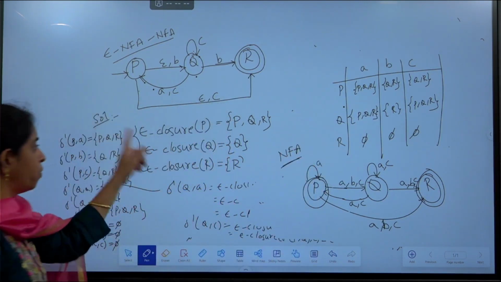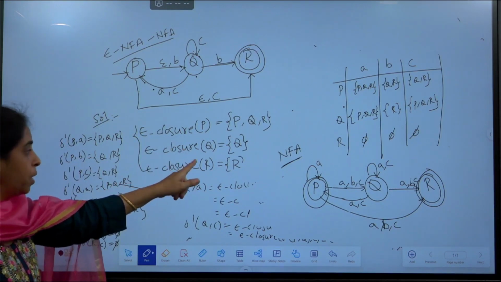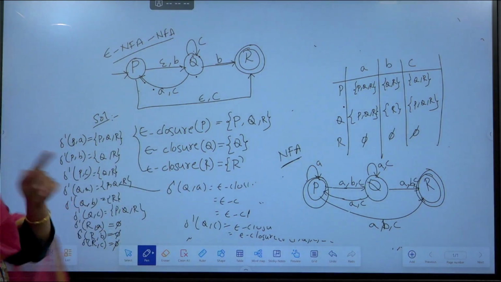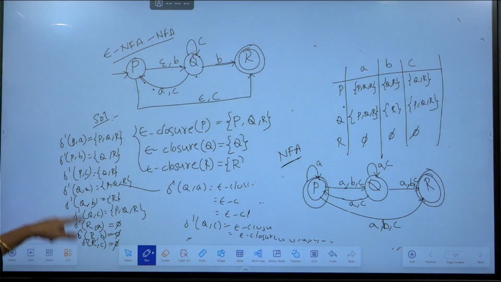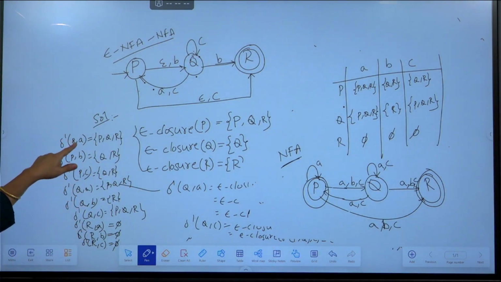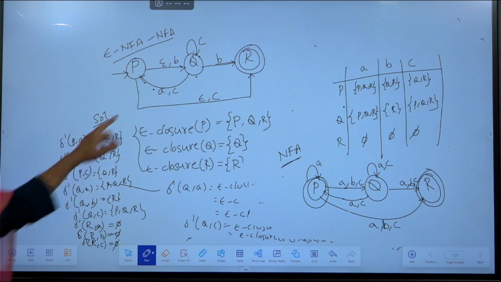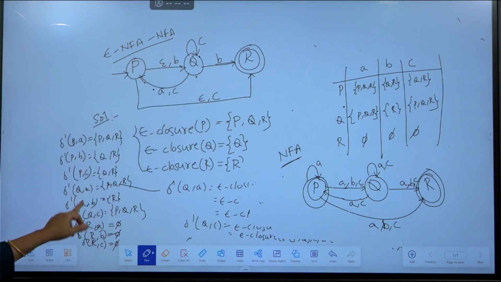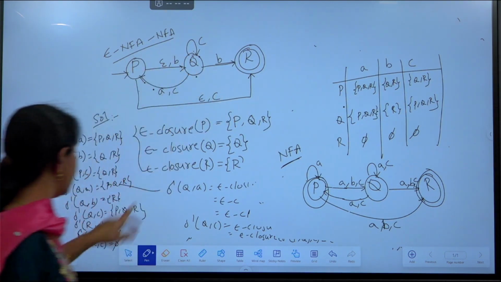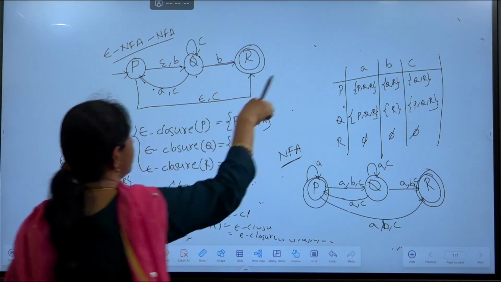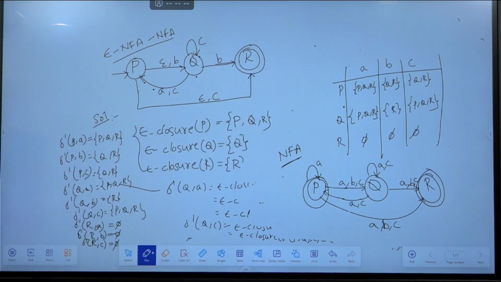So first we have performed epsilon closure of P, Q, R. Then we have to move to the transitions of finding the indirect transition. Delta dash on input alphabet P, P comma A, P comma B, P comma C. And again we have Q, Q comma A, B, C, and R we have A, B, C. From R we don't have any transitions, directly we can apply phi.